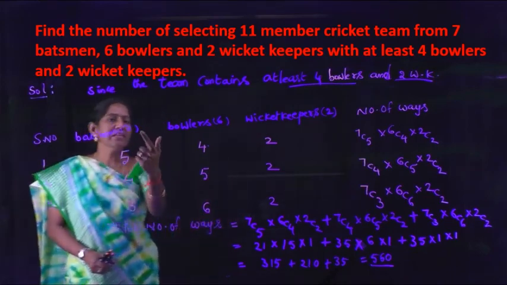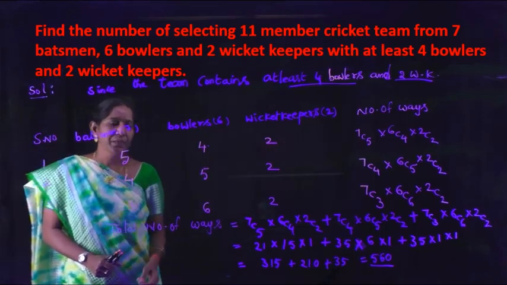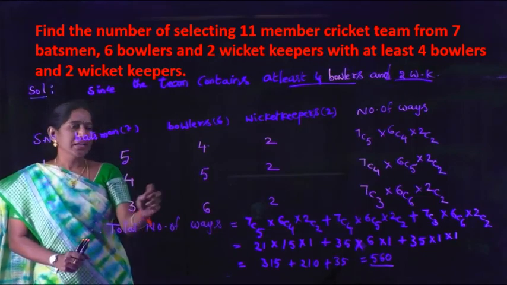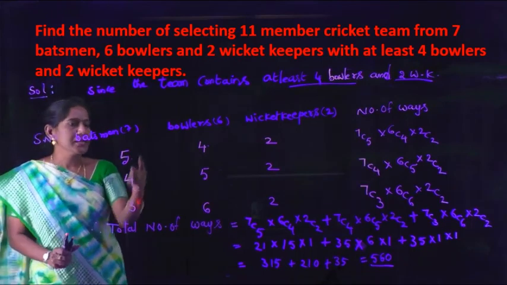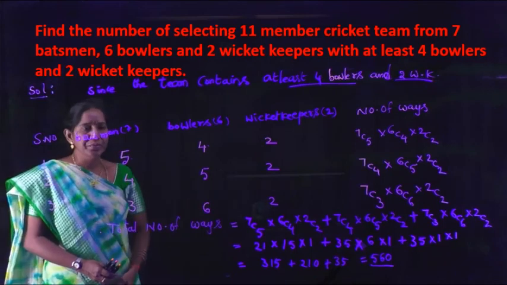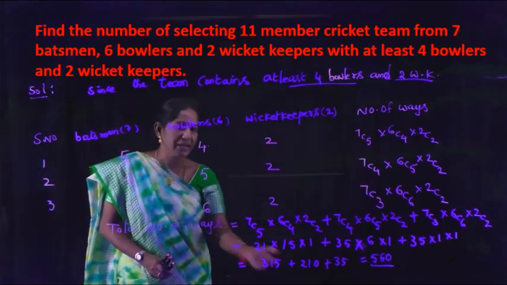That is 7C5 into 6C4 into 2C2. Similarly, in these cases also we can do like this. 7C4 into 6C5 into 2C2. And third case, 7C3 into 6C6 into 2C2. Therefore, total number of ways. By adding all this, we can get the value.